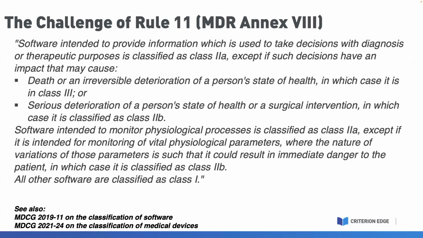So instead, the regulators are recommending that we take that first part of Rule 11 under the guise of the IMDRF software risk framework. And that's going to focus more or less on the significance of the information. So the previous slide is where we're going to try to focus on. Don't take this literally. If in doubt, go back to that risk classification.